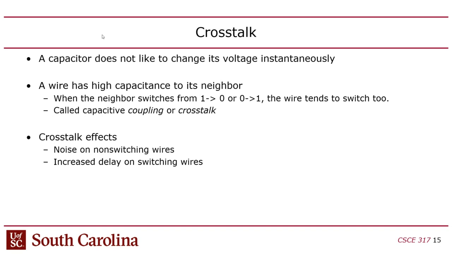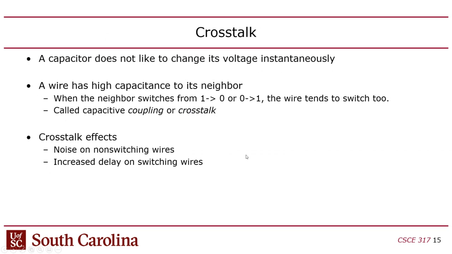And so the idea is that if you have a wire next to a ground plane and you've got a really good ground connection, then you're probably not going to be able to change the voltage of the ground plane. But when you have two wires together and one switches, depending on how hard the victim wire is being driven by its own driver, you can get a significant swing in that other wire just through capacitive coupling.